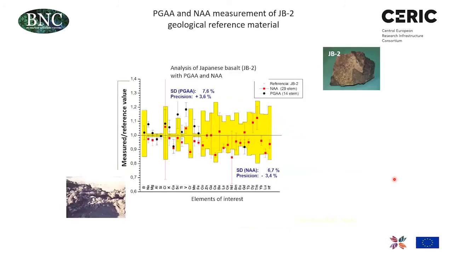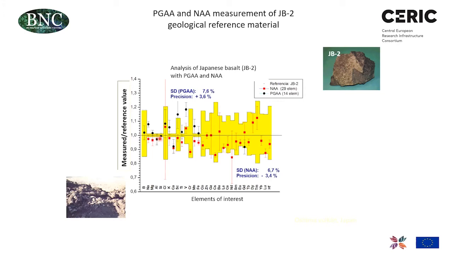And as I mentioned, there is a good complementarity between prompt gamma activation analysis and instrumental neutron activation analysis. So here you see a plot where with black dots you see the outcome of PGAA analysis, while with red you see the results of instrumental neutron activation analysis on a Japanese basalt reference material.